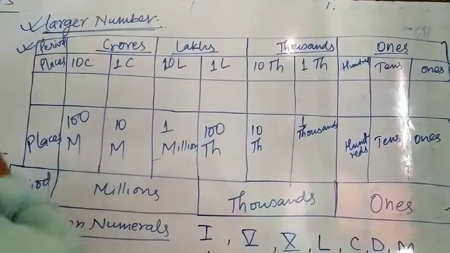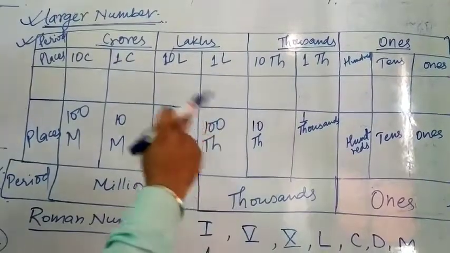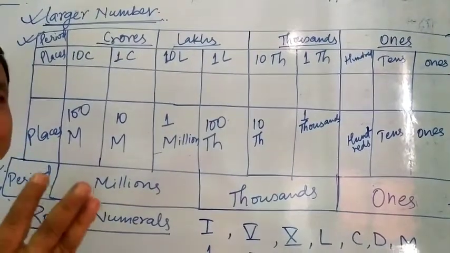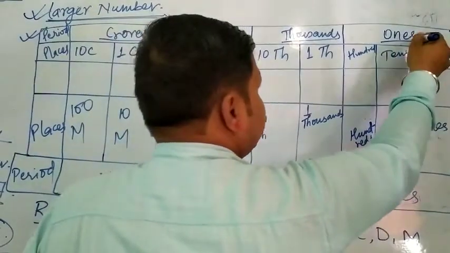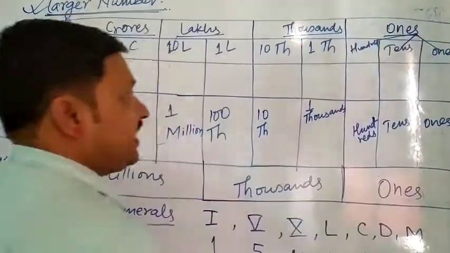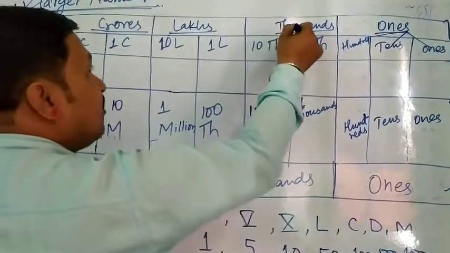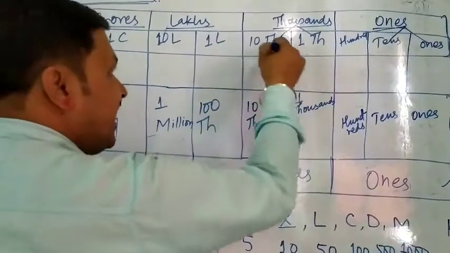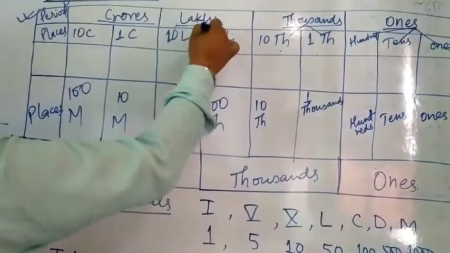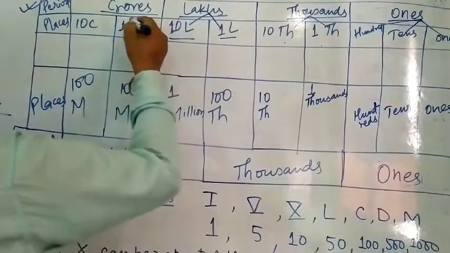These are periods, and the first period has 3 places: ones, tens and hundreds. After that, thousands divide into 2 places, 1,000 and 10,000. Lakhs are divided into 2 places, 1 lakh and 10 lakhs.